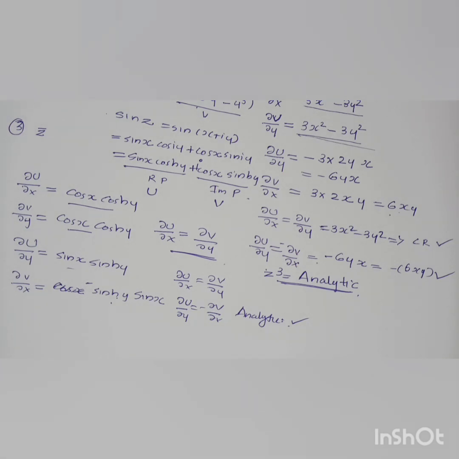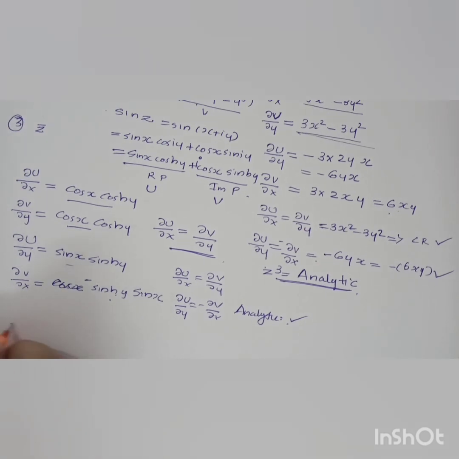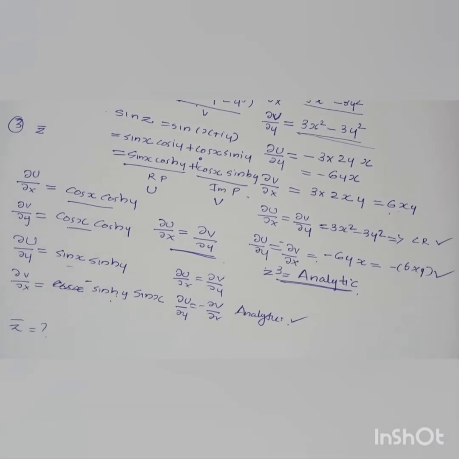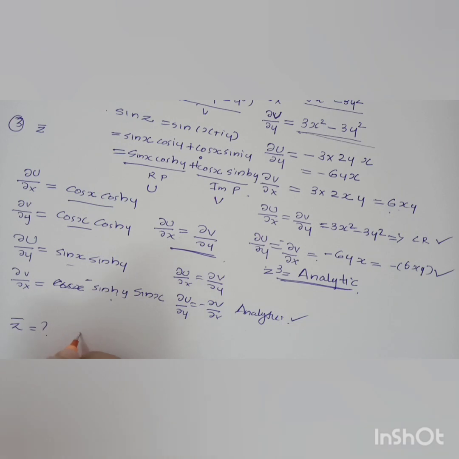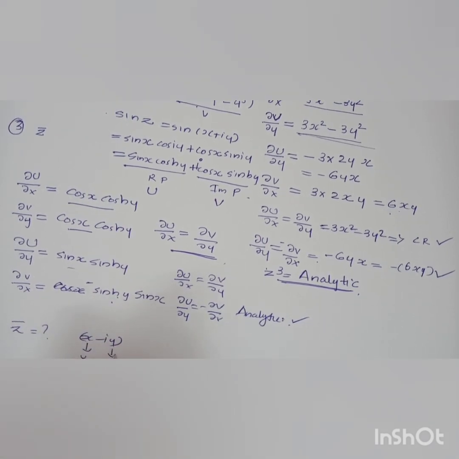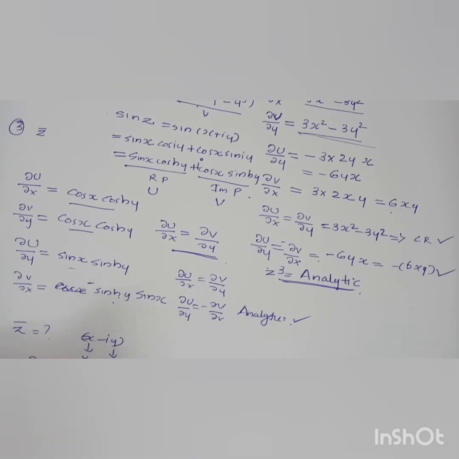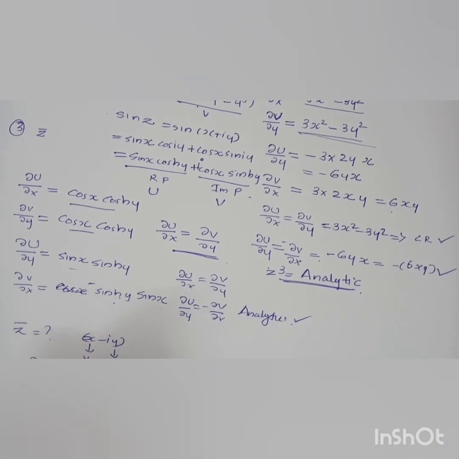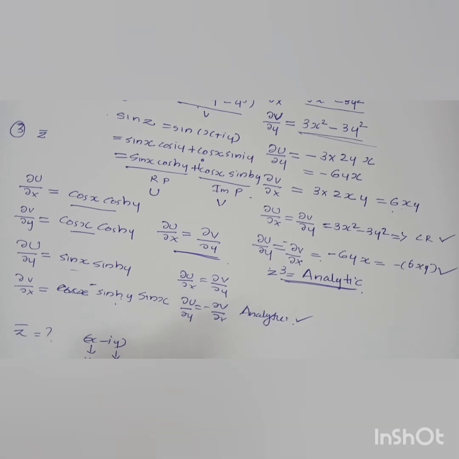Next we have to study whether z bar is analytic or not. So z bar is equal to x minus iy. So x is u, and this is v. ∂u/∂x is equal to 1. ∂v/∂y: what is v? v is minus y, so minus 1.